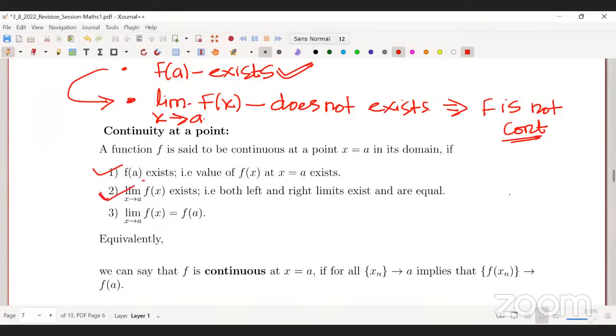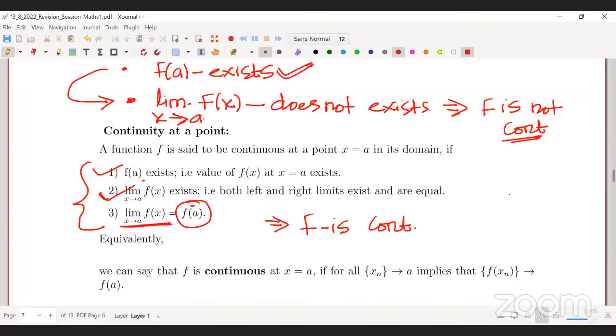Suppose both conditions hold. Then you check if the limit of the function at a is the same as the value of the function. If all three conditions hold, then you say that f is continuous. In what circumstances wouldn't the third condition hold?